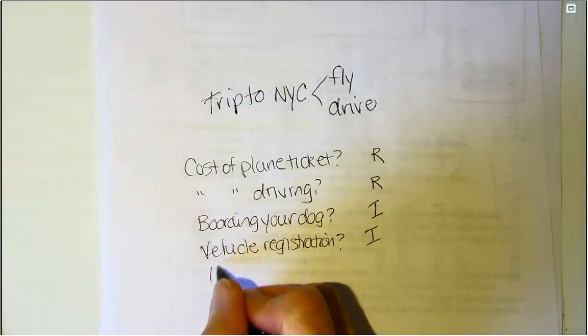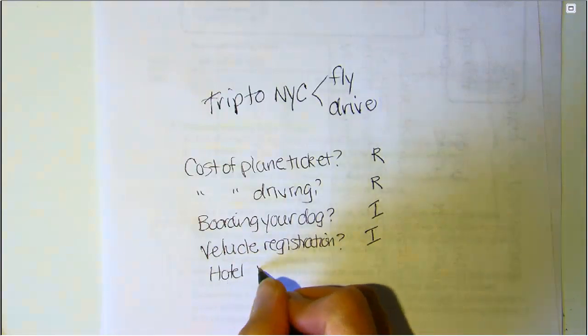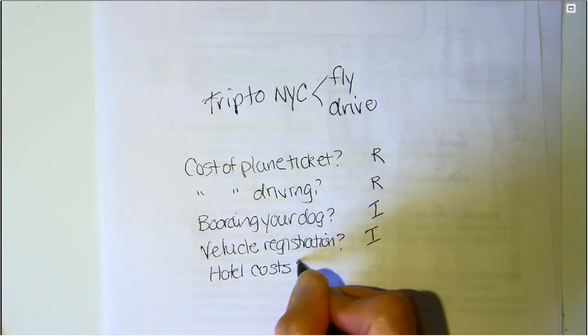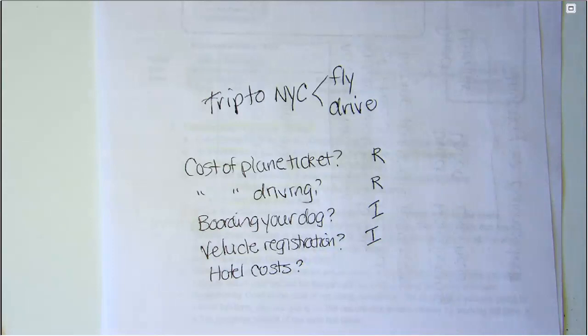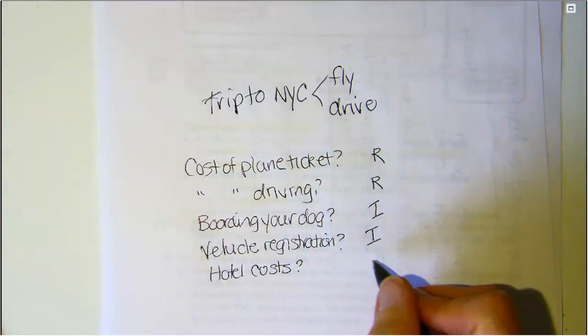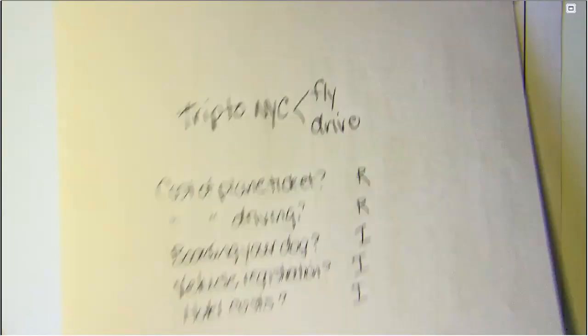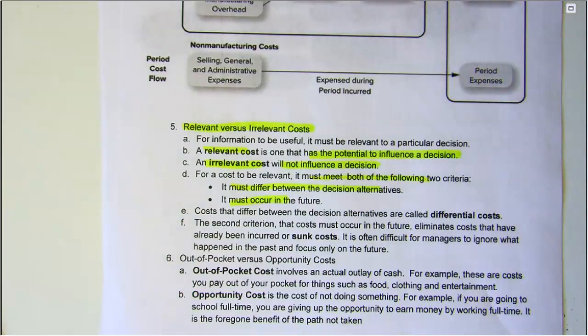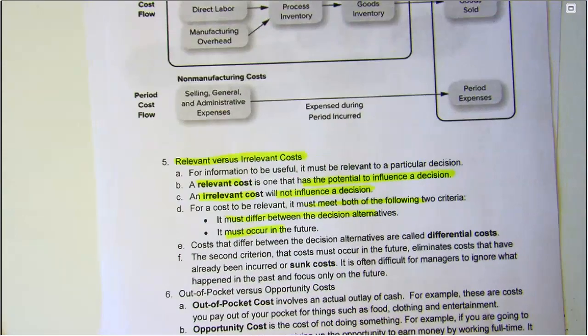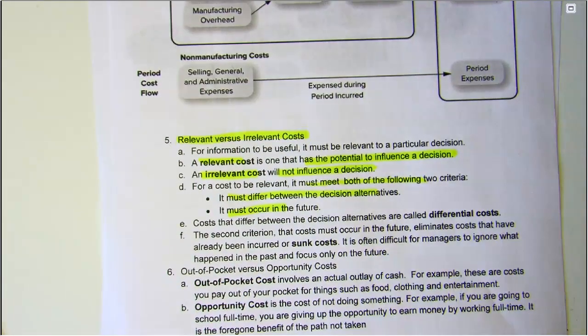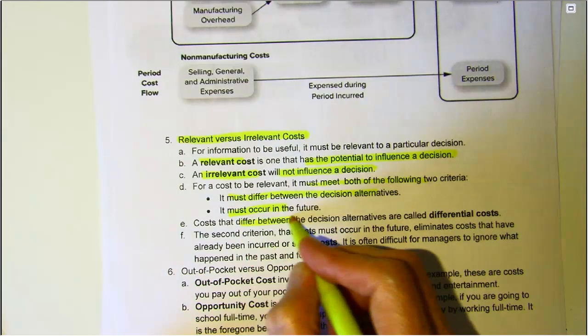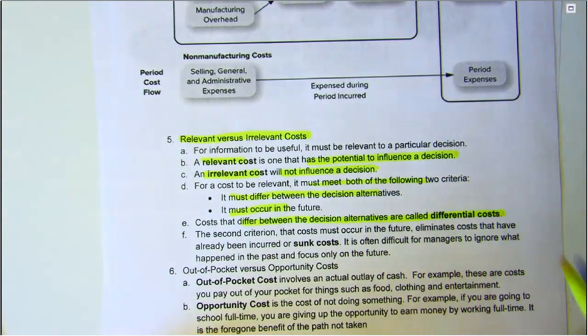How about your hotel costs? Relevant or irrelevant? Those are irrelevant as well because whether you fly or drive, you're going to have to pay for the hotel. So that's how we think about costs, and believe it or not, it's very important to our decision-making process. Costs that differ between decisions are often called differential.